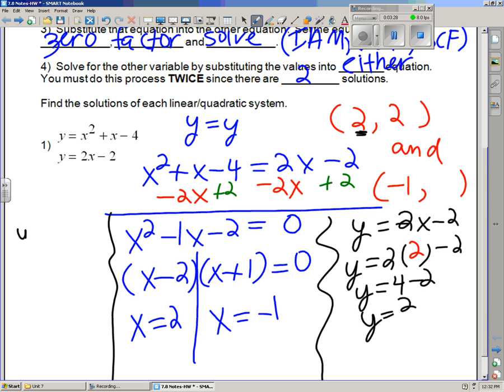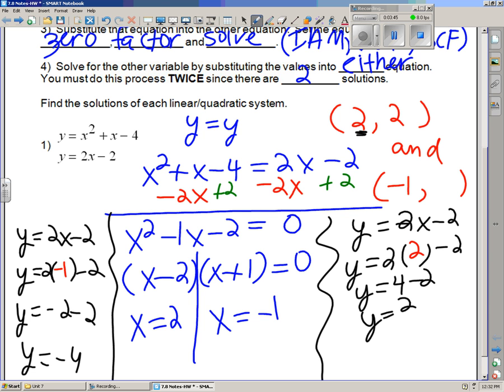When I take the second x value into the linear equation, you get y equals 2 times negative 1 minus 2. This becomes y equals negative 2 minus 2. Y equals negative 4. So negative 1 is an x value. Negative 4 is your y value. Your solutions then are these 2 points. Those are solutions from all your work.